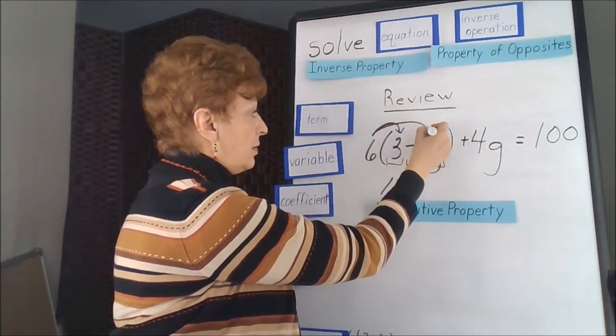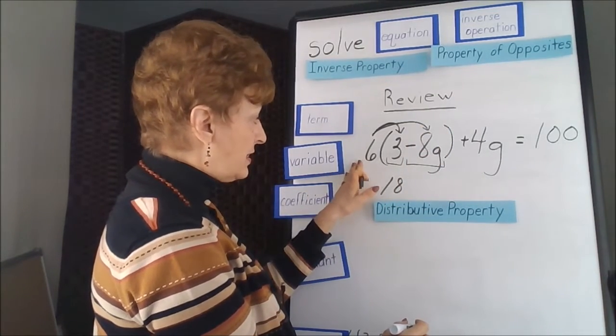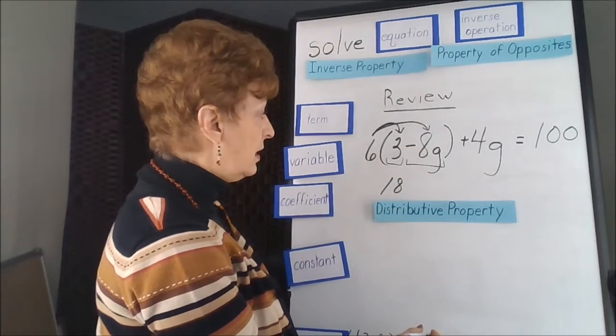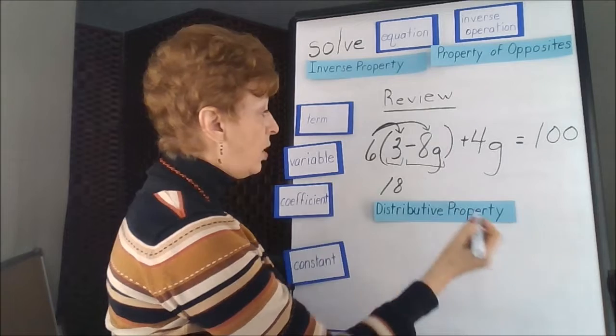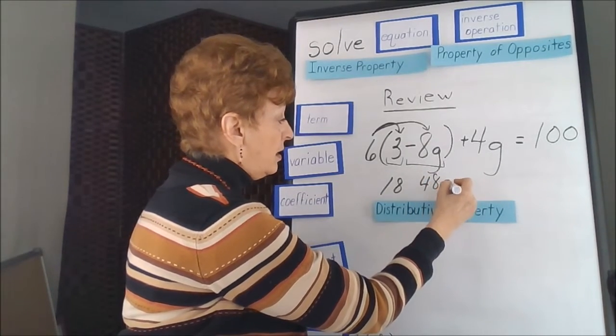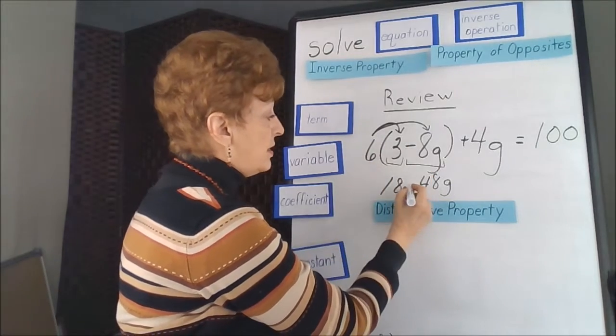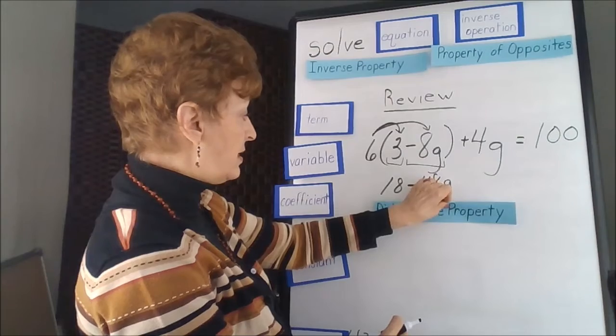Following our rules for positive and negative, we have a positive 6 and a negative 8g. So multiplication says just simply multiply the numbers. So 6 times 8 is 48g, but the signs are different, so it's negative. Now I have taken the parentheses away.